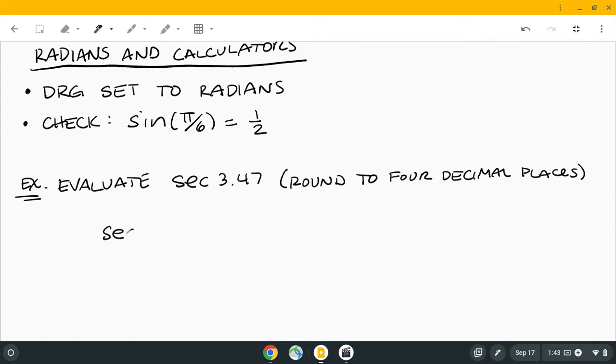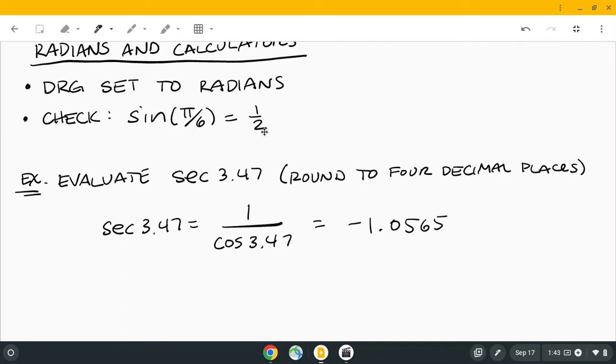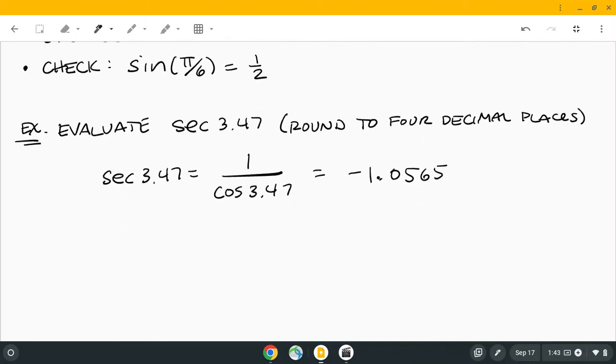We know that secant 3.47 is the same as 1 over cosine of 3.47, right? So we can punch that into our calculator. And if you do, you should get negative 1.0565. You definitely should check that. Make sure that you are in the correct mode and that you are getting the correct answer. So that's radians and calculators.